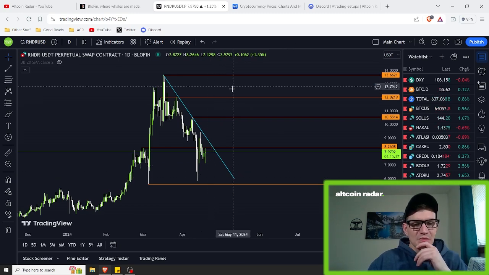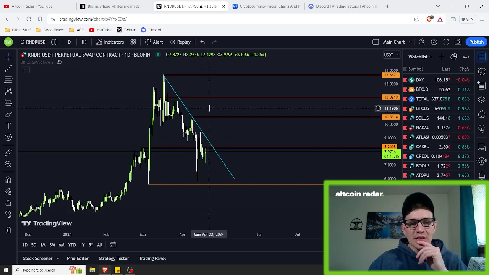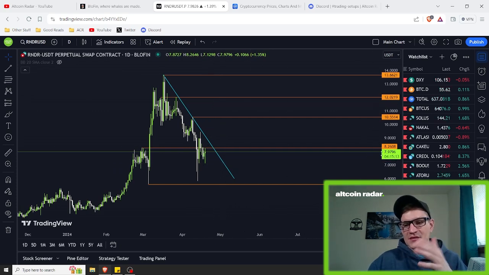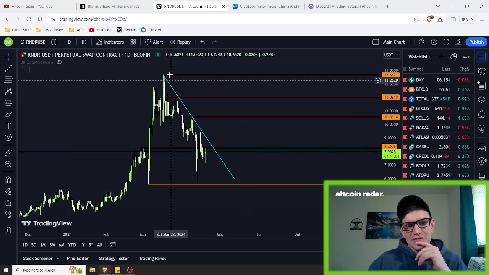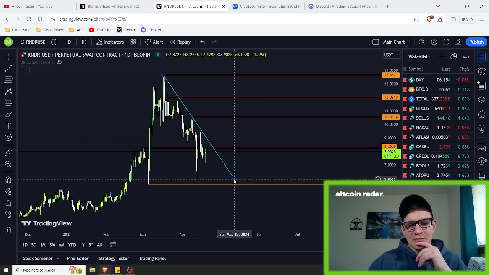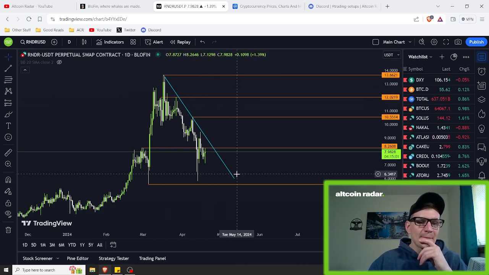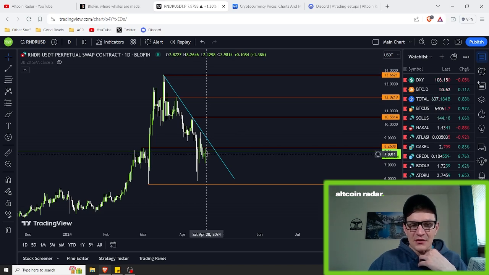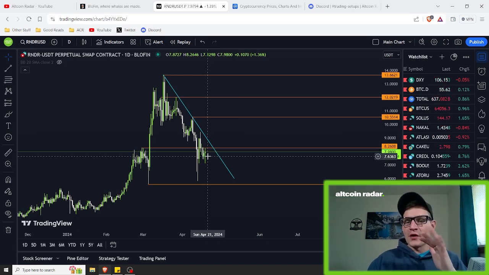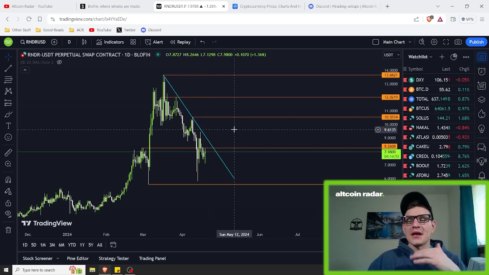All right. So when we are taking a look at this here, we can clearly see we are trading right around the $7.90 to $7.97 to $8 range, kind of right in there. And as you guys can clearly see here on the daily chart, we've also got this very steep downtrend line here. Now, in order for me personally to feel bullish about what's going to be happening here with Render, I am a breakout trader.